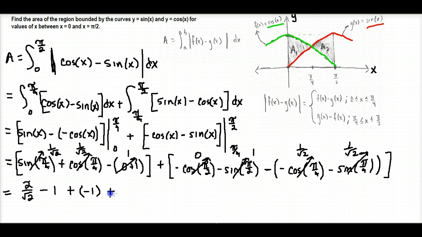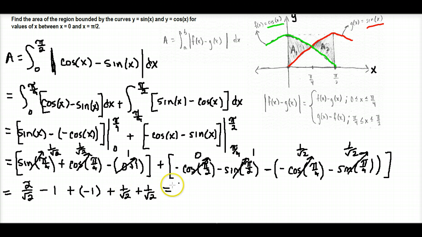And then it looks like we have 1 over square root of 2 plus another 1 over square root of 2.